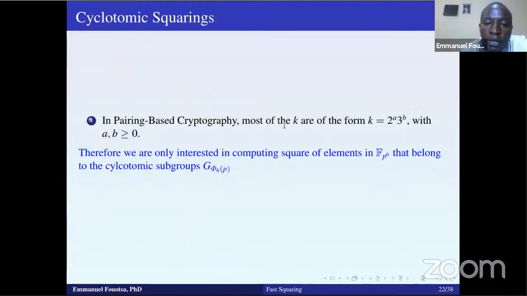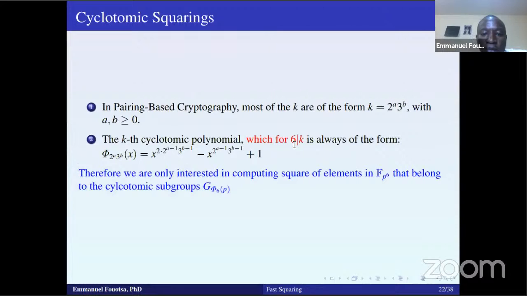Well, in pairing-based cryptography, the K that we need are of the form 2 to A times 3 to B. Why? Because we are going to perform operations in extension fields FPK, and if K is written in this form, then you can construct FPK as a tower of sub-extensions of degree 2 and 3, where arithmetic is easy to implement and perform.